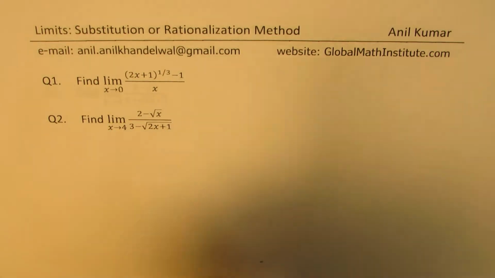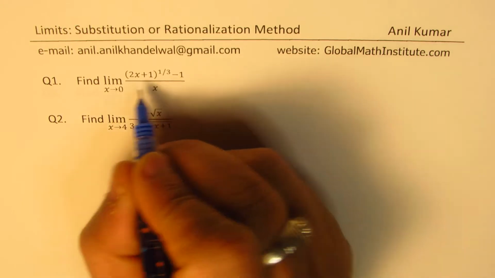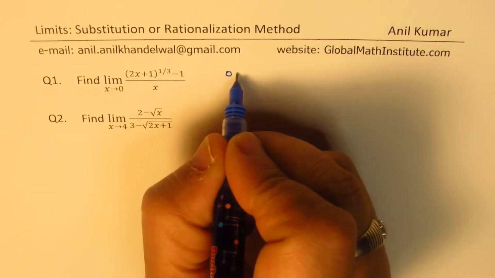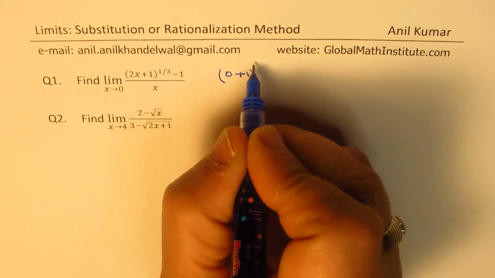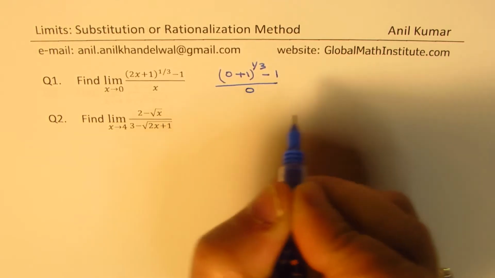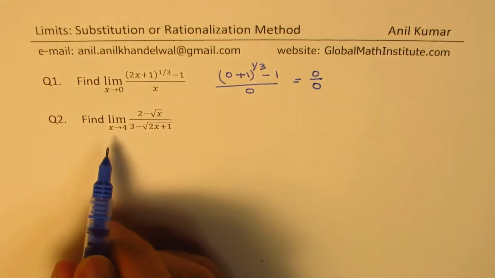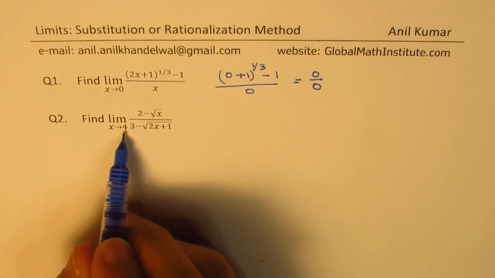Now in these questions, if I substitute x equals 0, I get 0 plus 1 to the power of 1 over 3 minus 1 over 0, and that is 0 over 0. In the second question, the limit is approaching 4.